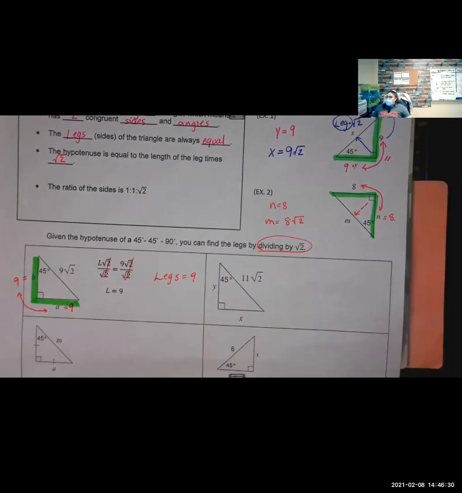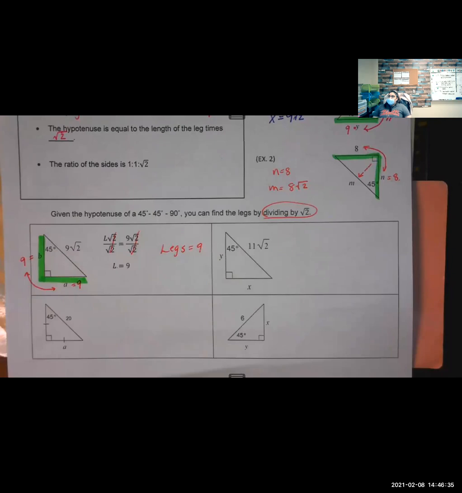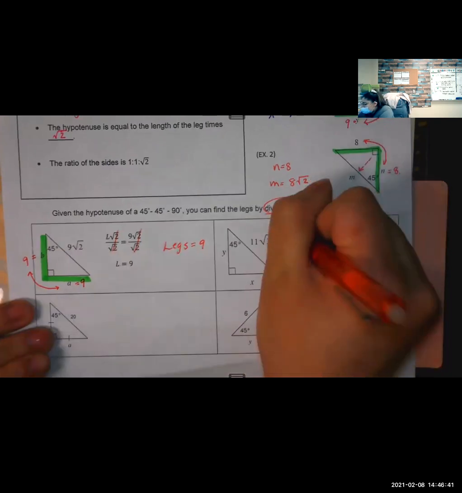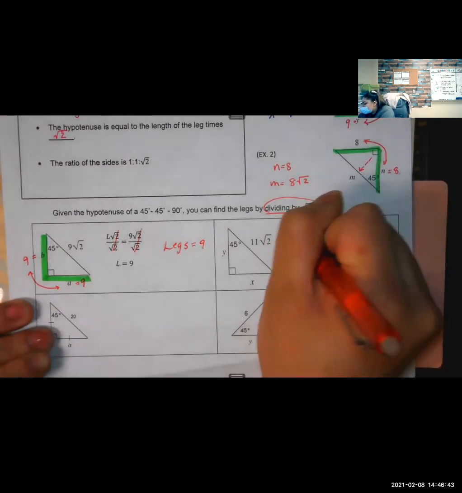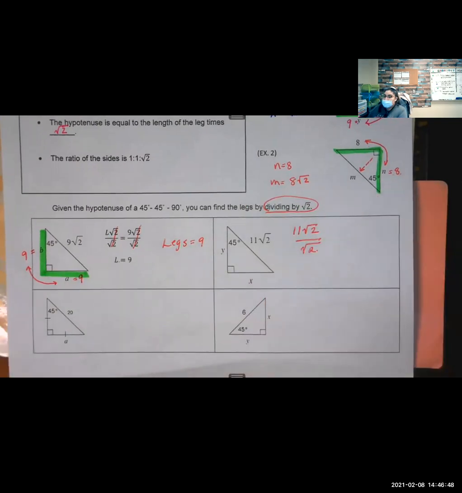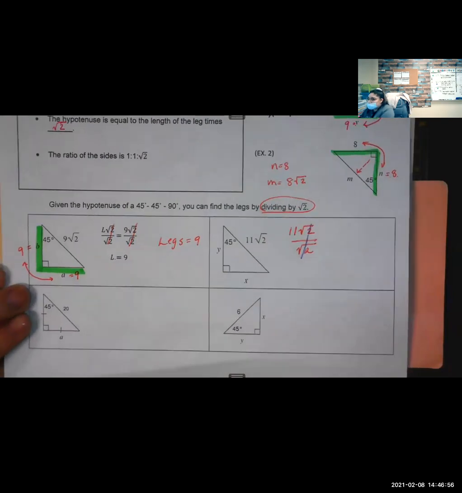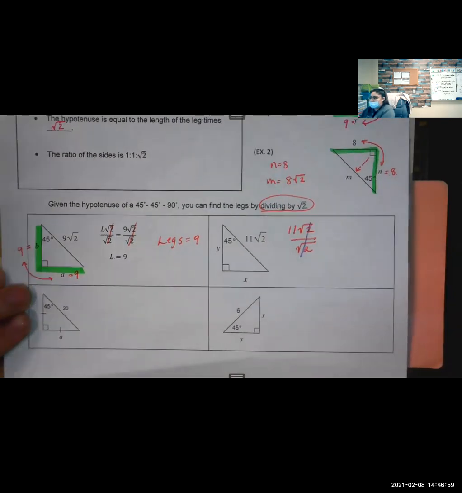Okay, so similar example. What if I give you the hypotenuse as 11 square root of 2? And I want you to find the legs. So you're going to divide 11 square root of 2 by the square root of 2. And any number divided by itself cancels. So the square root of 2 cancels, leaving us with 11.